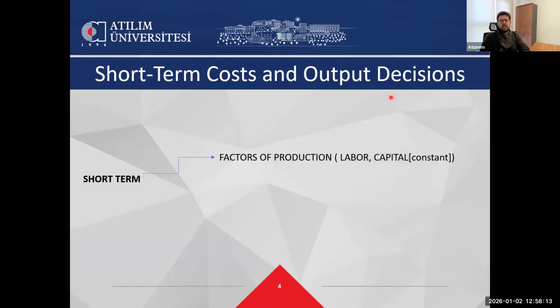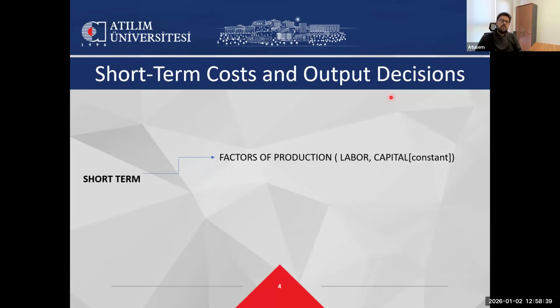Okay, I'm not including the long-term or long-run part, but we are going to focus on the short-term or short-run part. The short run means less than 1 year. Long run means more than 1 year, normally 1 to 5 years. In the short run, we use some factors of production.